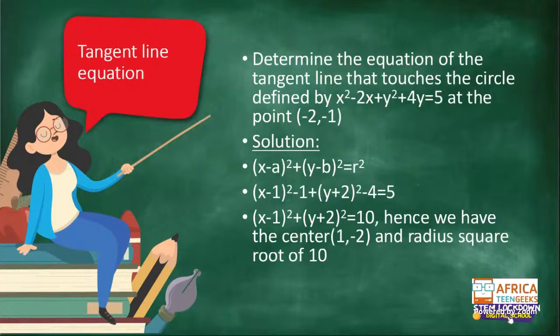So now, when you do the calculation, you have x minus 1 all squared plus y plus 2 all squared equal to 5, plus the minus 1 and minus 4, which goes to the right as plus 1 and plus 4, and therefore plus 5 will give you plus 10. So you can see that this is now in the standard form that you know, whereby you have your center, which is (1, -2).